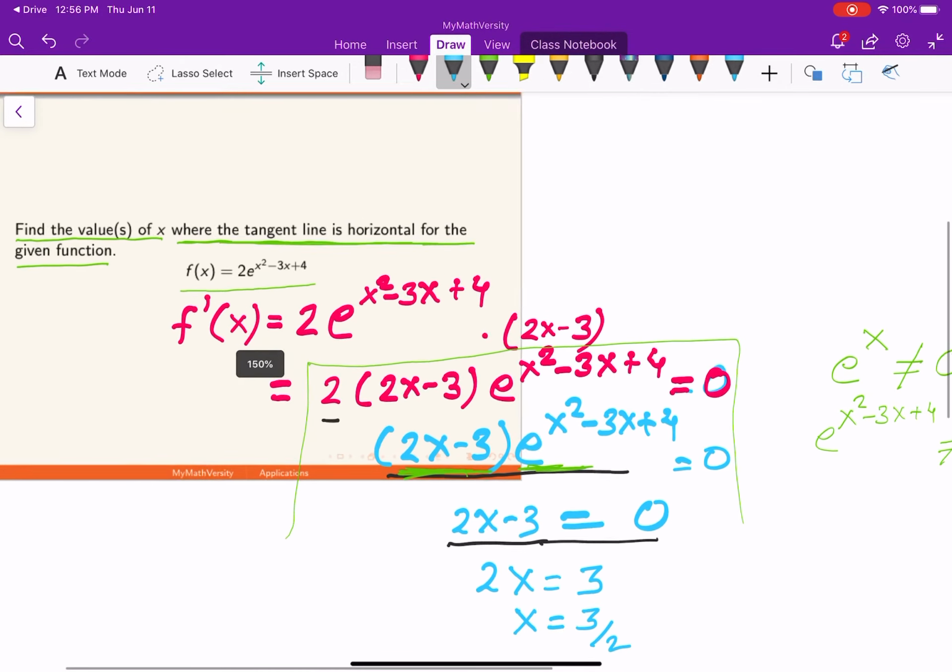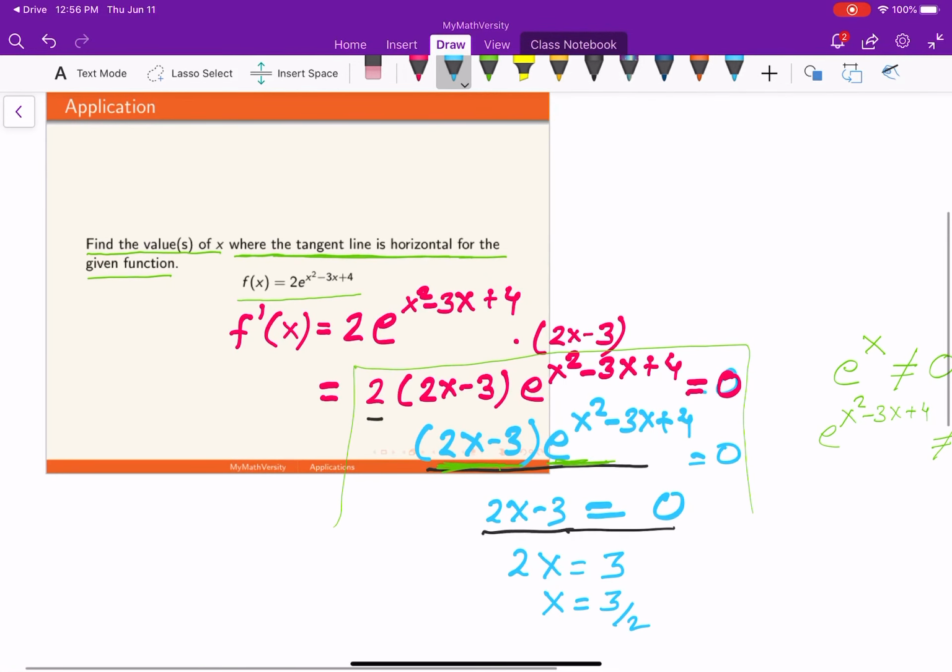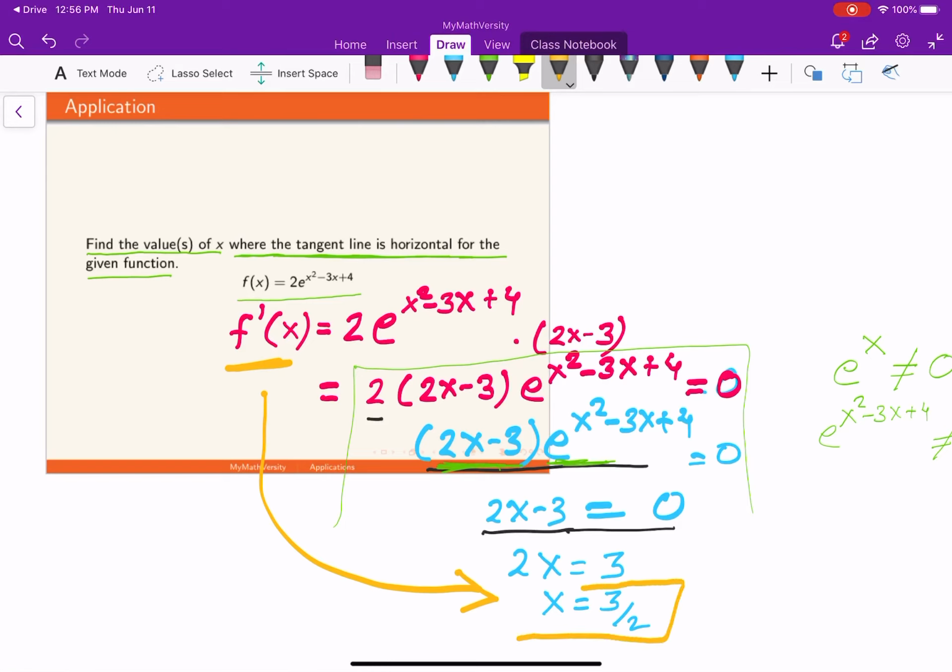So we are done, because we figured out where the derivative f prime of x will be equal to 0. The derivative is 0 at x equal to 3 over 2, and if that is the case, the slope of the tangent line will be 0 at this location. That means the tangent line will be horizontal at x equal to 3 over 2.